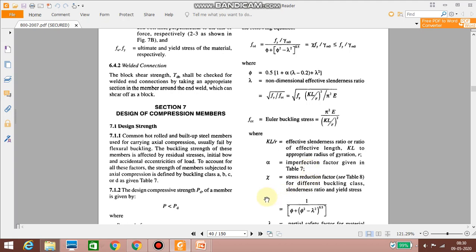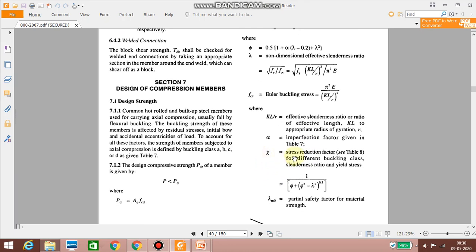You can refer table number 7. Now psi is nothing but the stress reduction factor which are given in table number 8 for different buckling classes, or you can also calculate the value of psi as 1 divided by phi plus phi square minus lambda square to the power 0.5.